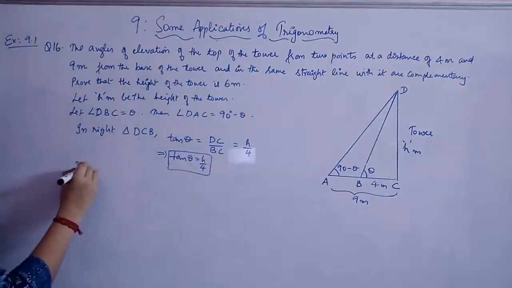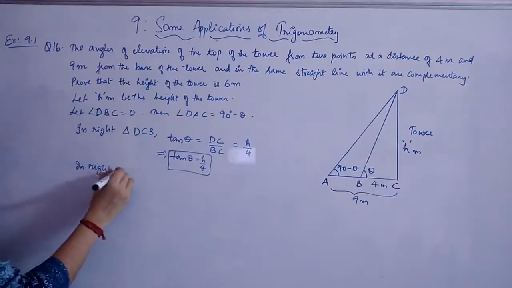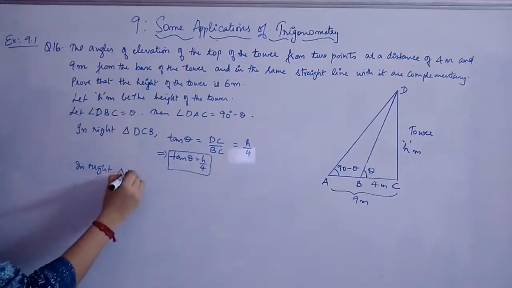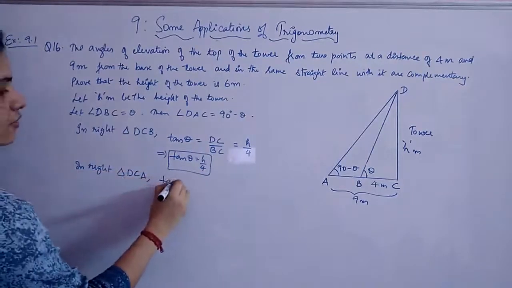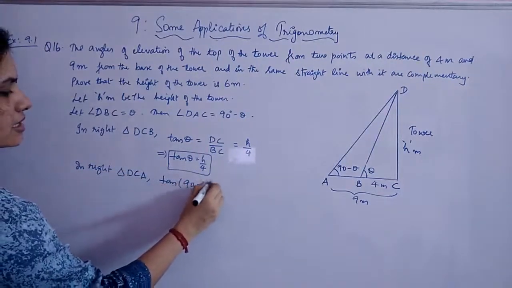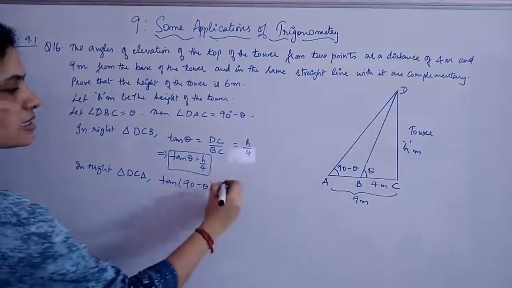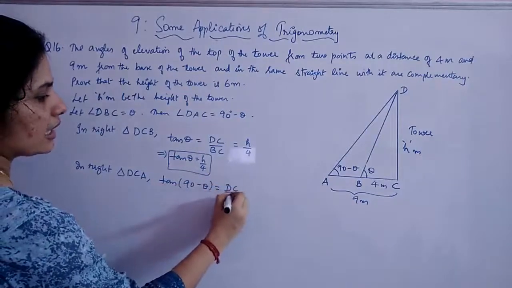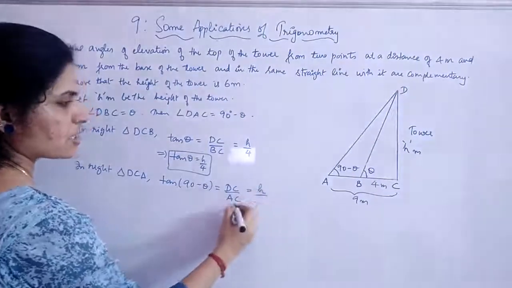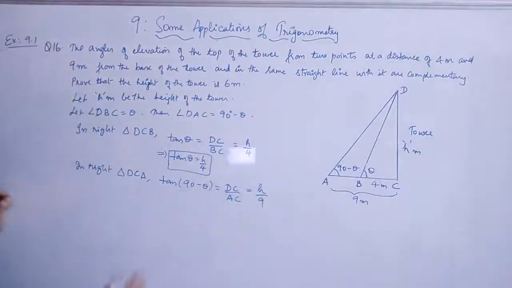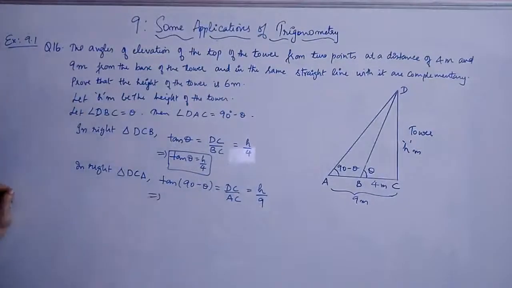Next, we will take the other right triangle, that is triangle DCA. From there you are getting tan of, what is the angle there? 90 minus theta. Tan of 90 minus theta again is opposite side by adjacent side is AC here. Opposite side is same, which is h. AC is given to be 9. Right? Now what is tan of 90 minus theta?